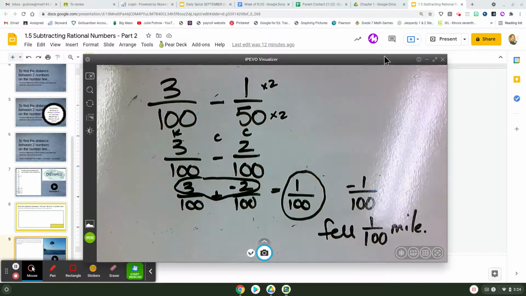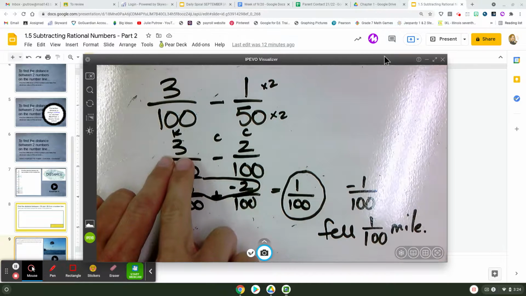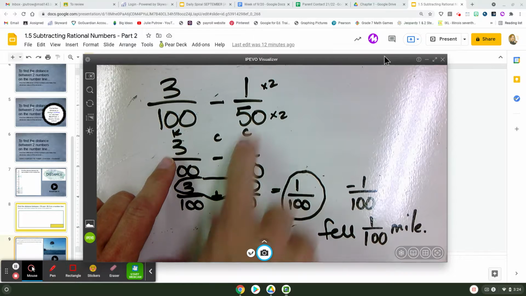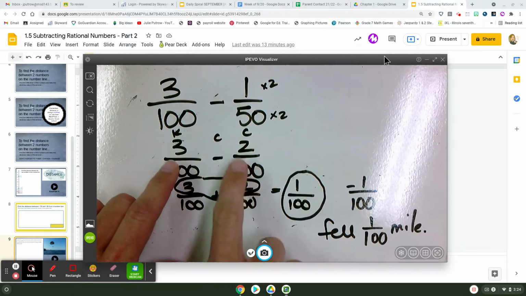So because of the interpreting, they want you to say whether it increased or it decreased. So because it started out at 3 and ended at 2, which we didn't know until we found that common denominator, you can tell that it went down.